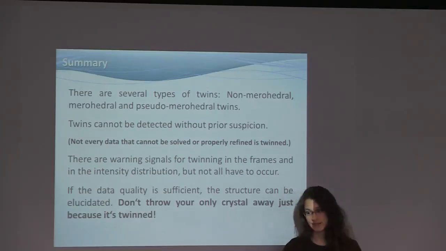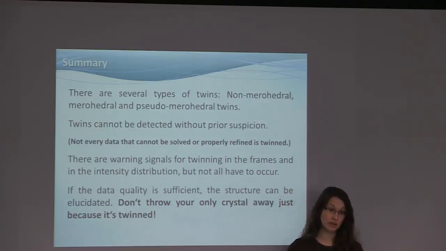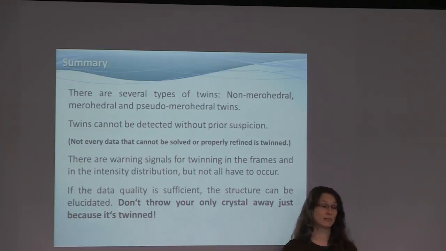There are warning signals for twinning in the frames and in the data statistics, but not all of them always have to occur. In particular, the L-test is not working well if you've got overlapping reflections, because then the distribution looks like they're all a sum and the crystal is twinned, or in cases of pseudo-translational symmetry.